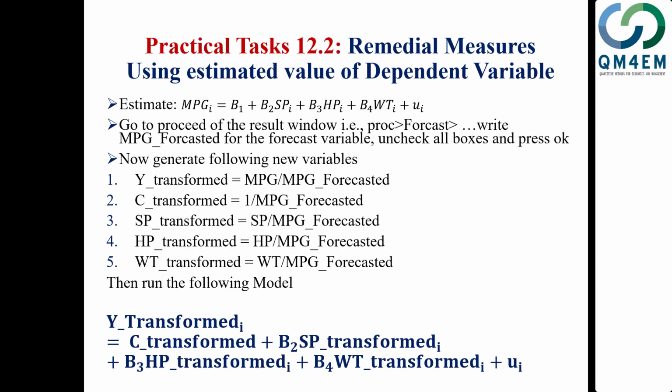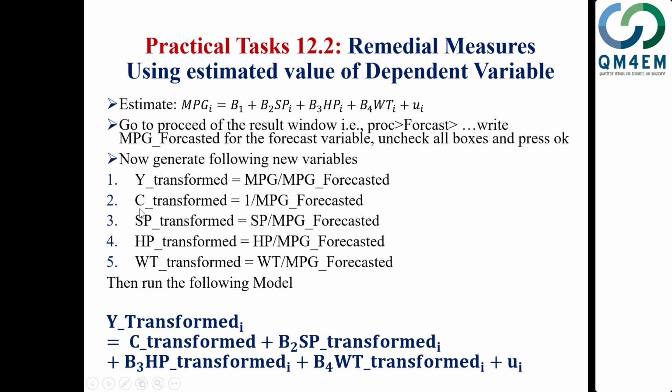You were asked first to run the model, then to generate the 5 transformed variables, which were generated by dividing the original variables by the forecasted value of the dependent variable.